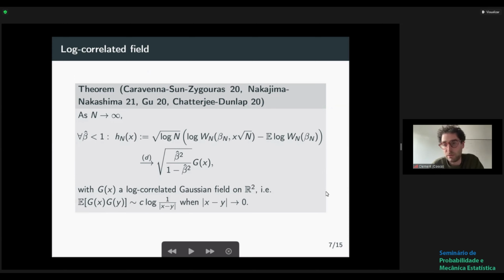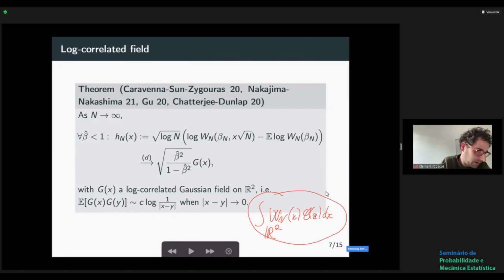When I say distribution, I mean this field Wn of x, phi of x. You take space in R2, and this function Wn of x should be quite rough in terms of x, so to study it you have to integrate it over a test function. So you look at Wn of x as a distribution, and it's not clear, if you know things about this, how to get something about log of Wn.